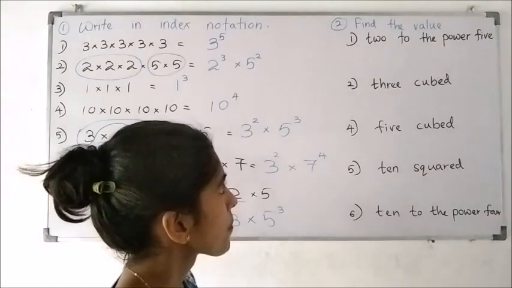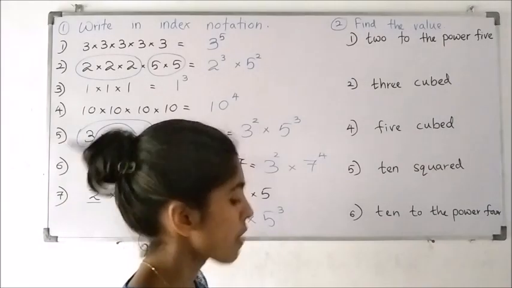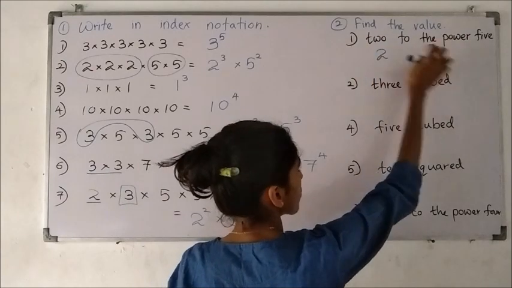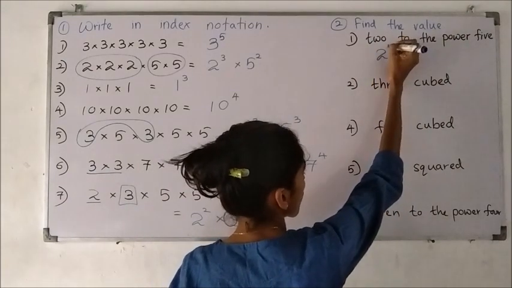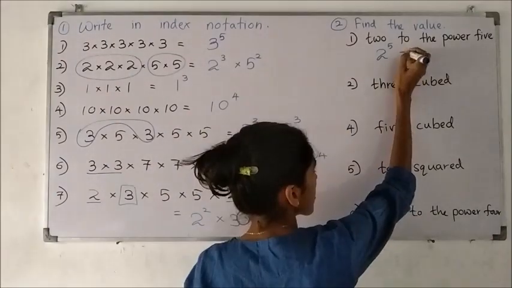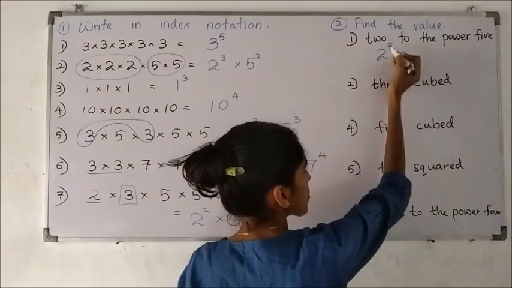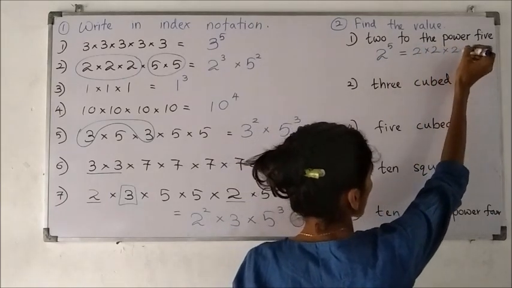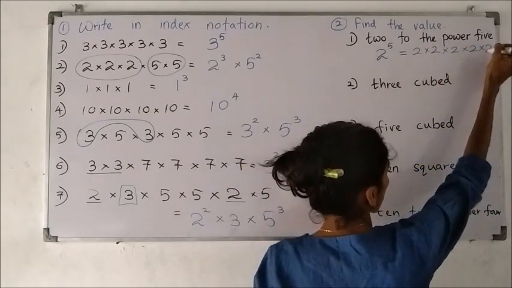See the first one, 2 to the power 5. 2 is the base, the power is the index, 5. Now, we will write this index notation as a product. 2 should be repeated 5 times by itself: 1, 2, 3, 4, 5.